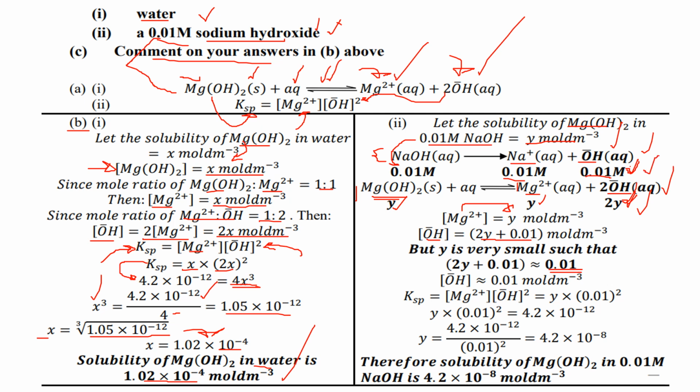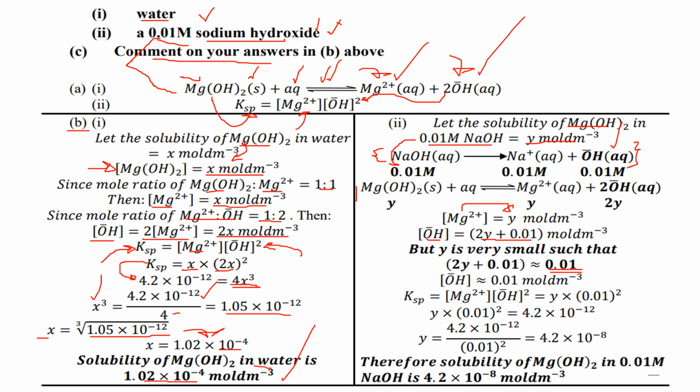First, go back to the knowledge of basic buffers. In buffer solutions, when an ion is already present, it suppresses the ionization of the other. Sodium hydroxide is a strong base, so it fully ionizes to give very many hydroxide ions in solution.